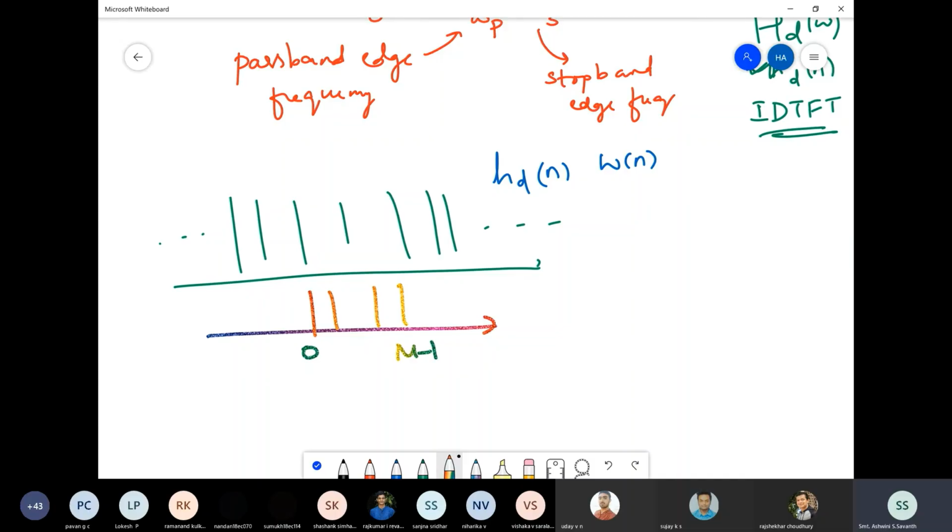So now what happens if you multiply this infinite duration sequence with a finite duration sequence? You're going to just get the samples from 0 to m minus 1.